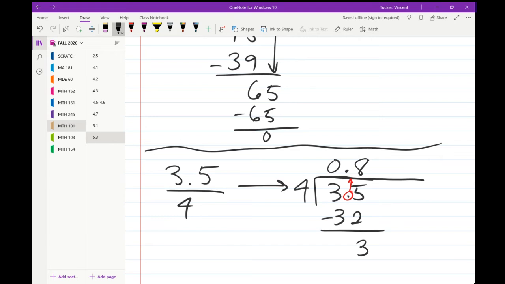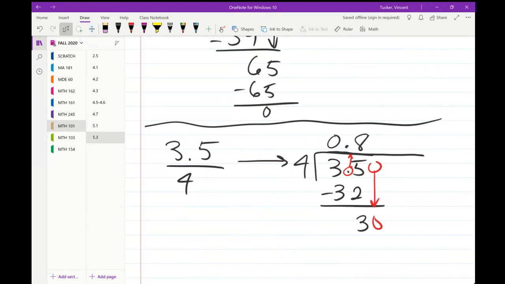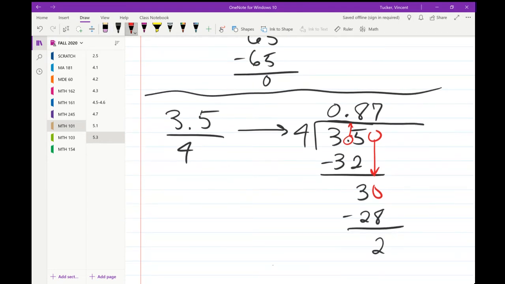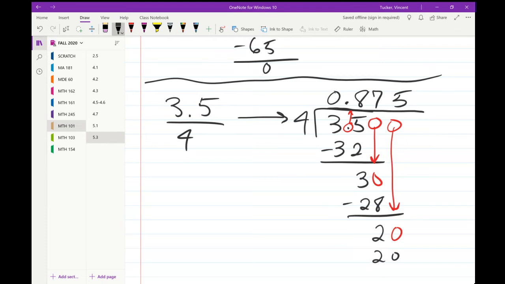So, because you can always keep adding zeros if you want to keep going, which is what we're going to do right here. Add the 0 and bring it down. And then ask ourselves, how many times does 4 go into 30? That's 7 times. 7 times 4 is 28. 30 minus 28 is 2. Add another 0. Bring it down. 4 goes into 20 5 times. 5 times 4 is 20.